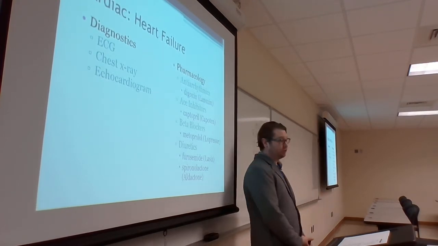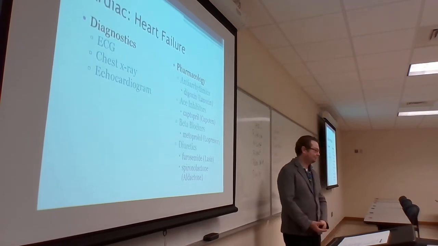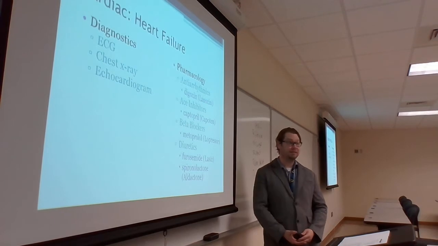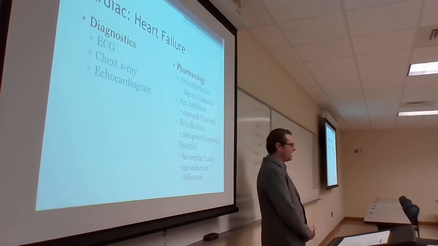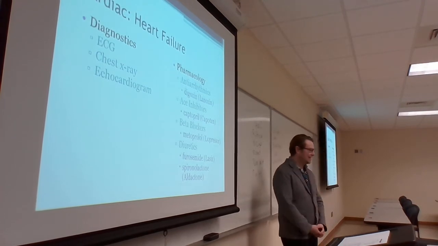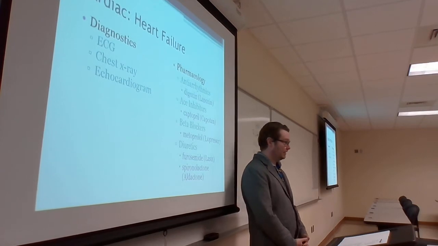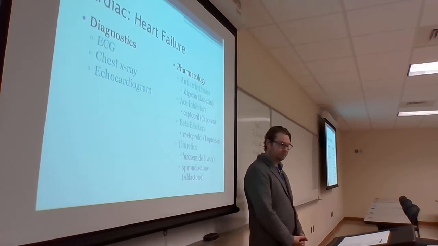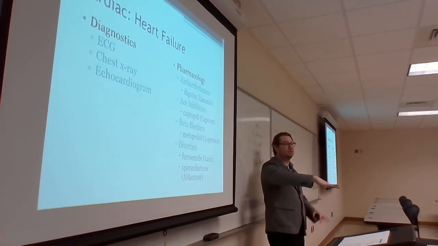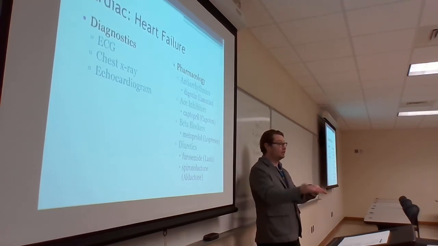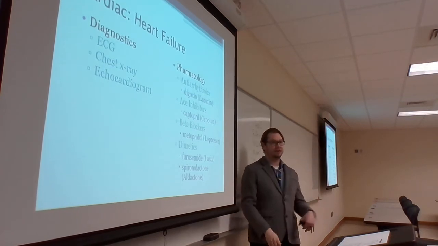And is there a certain electrolyte that has a close personal relationship with digoxin? Calcium, sodium, potassium. Yeah, of course it's potassium. So what is the relationship between digoxin levels and potassium levels? As potassium levels go down, digoxin levels go up. So it's an inverse relationship. Okay?